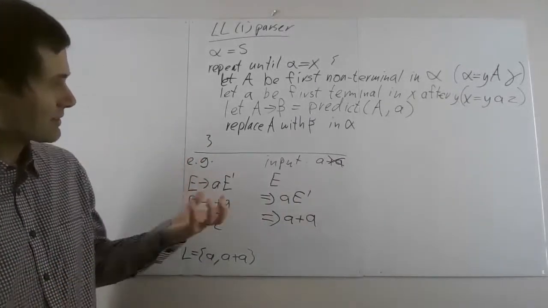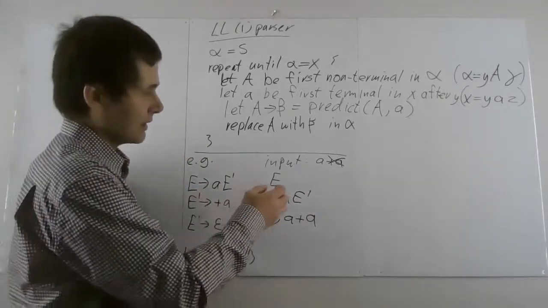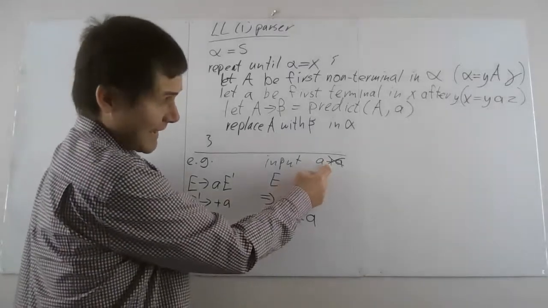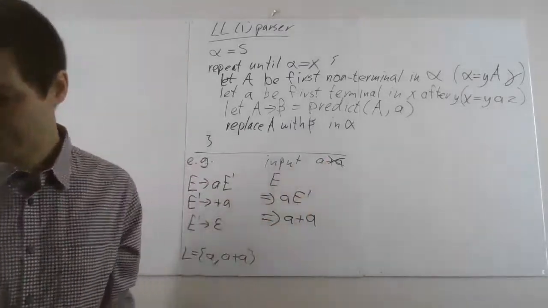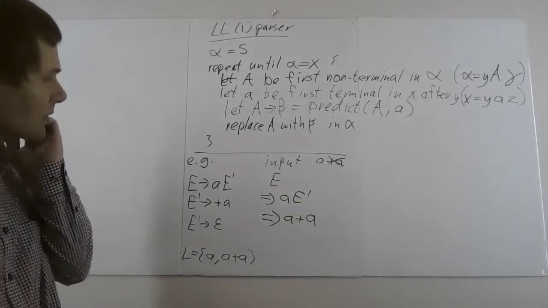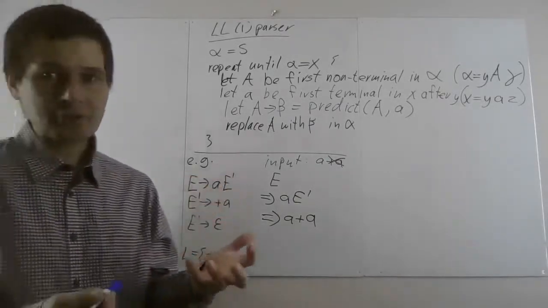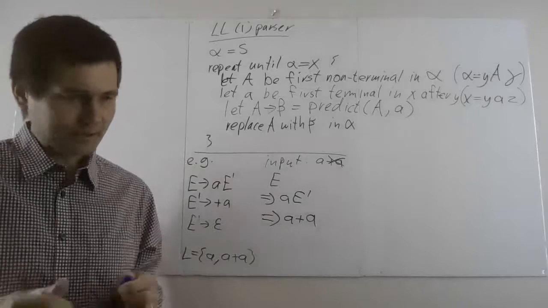And once again, the problem is when the input ends. That's the special case that we're dealing with. So what I'm going to do is make sure that the input never ends.